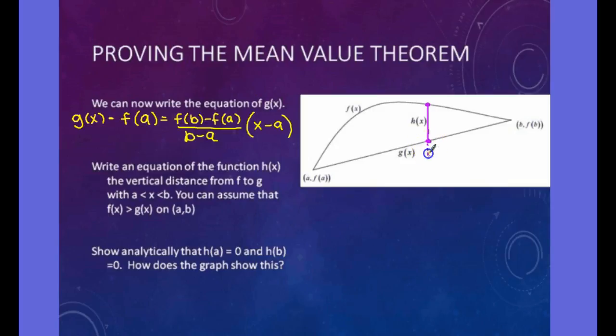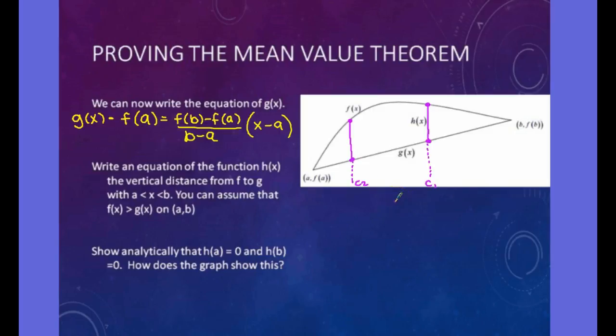So if this was C1, h of x would be f of C1, because that would give you the y height, minus g of C1. And then even if I move h of x over here, and I call this C2, isn't it always going to be f of C2 minus g of C2 now?